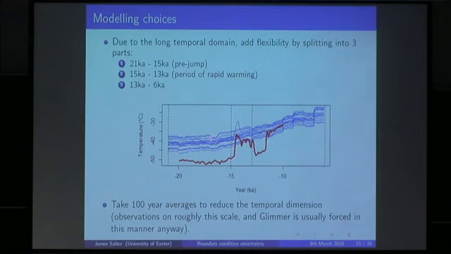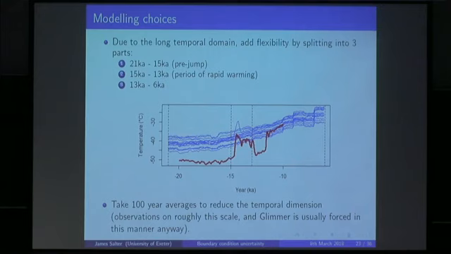We have quite long temporal domains, so there's quite a lot of variability here. And we found that if we just tried to describe all this variability with temporal vectors over the whole domain, then this didn't really work. So we split things up into 3 separate time periods, and we'll have a separate basis in each of the 3 time periods for now. This turns out to allow us to more flexibly model what's going on.